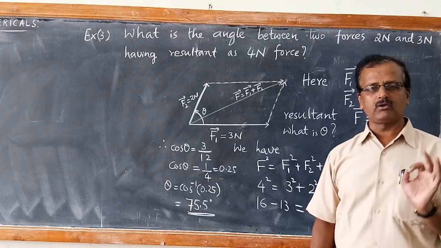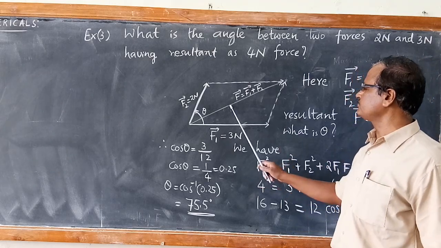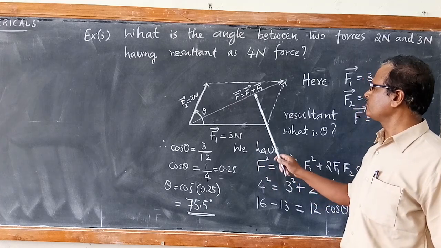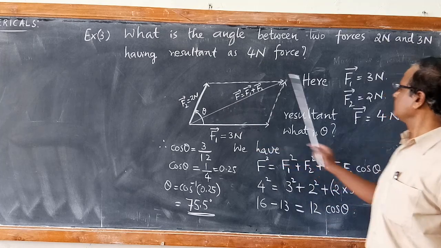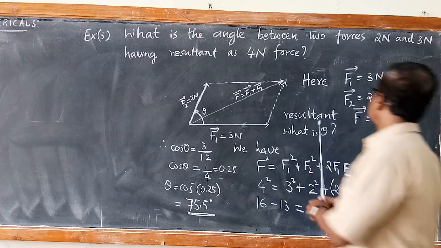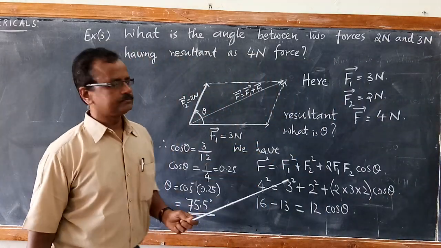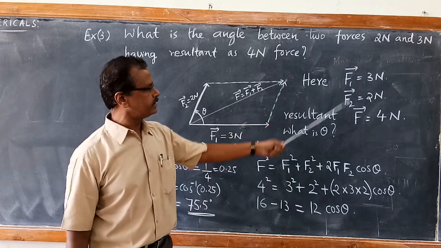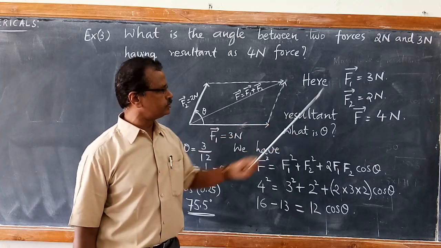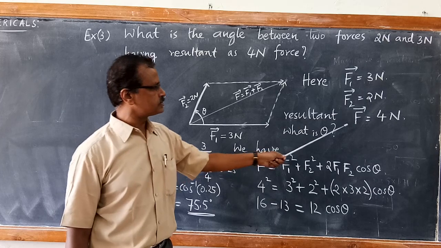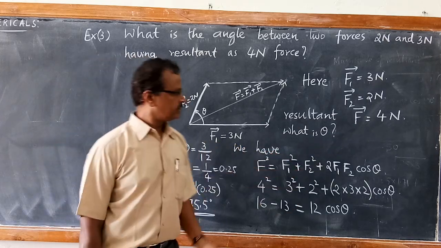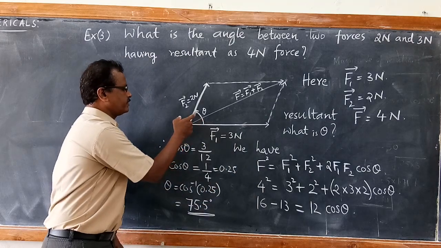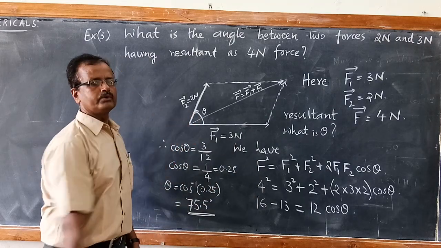The resultant force F is equal to vector F1 plus vector F2, as we have studied earlier. So here, vector F1 equals 3 Newton, vector F2 equals 2 Newton, and the resultant force is 4 Newton. Then what is the angle between the given vectors?